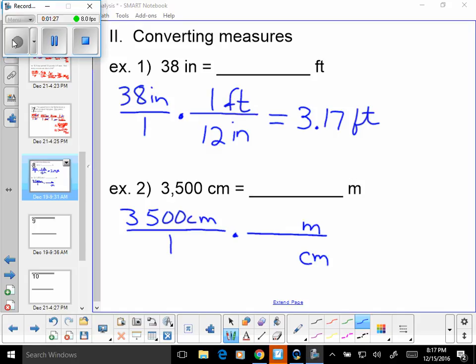And from my conversion table, I know that 1 meter is 100 centimeters. Now my centimeters and centimeters will cancel. This problem is actually a mental math problem because this 0 cancels this 0, this one cancels this one, and I really have 35 divided by 1, so my answer is 35 meters.